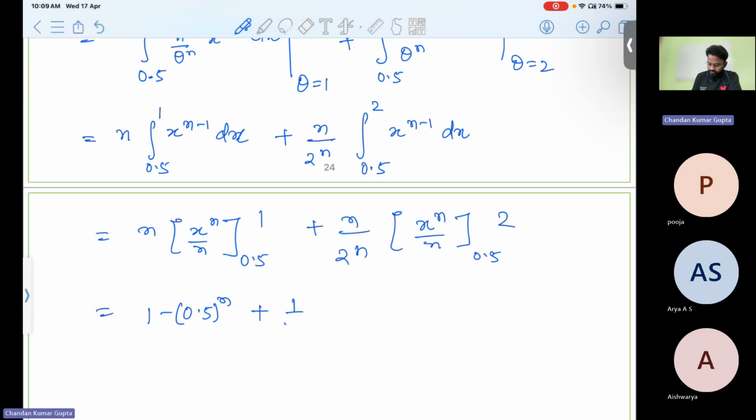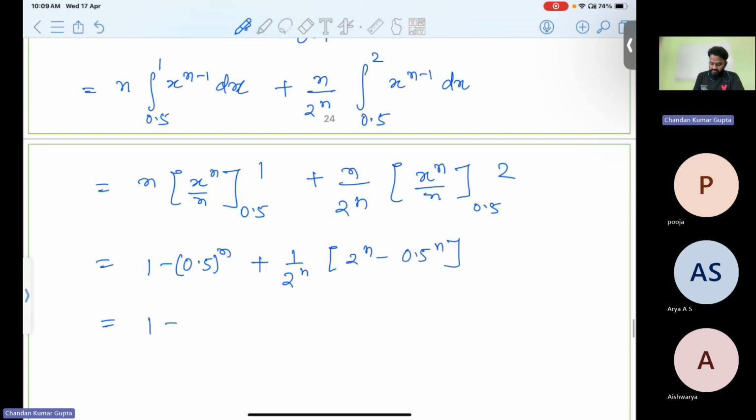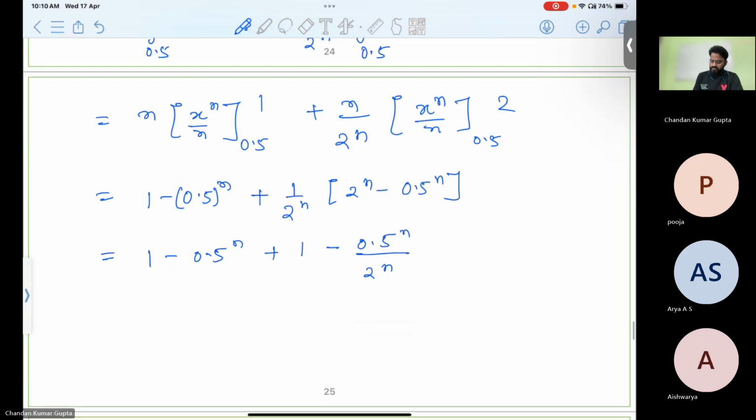So 1 upon 2 to the power n times 2 to the power n minus 0.5 to the power n. So 1 minus 0.5 to the power n plus 1 minus 0.5 to the power n upon 2 to the power n. So 1 minus 0.5 to the power n will be taken as common, and it comes to 1 plus 1 upon 2 to the power n.